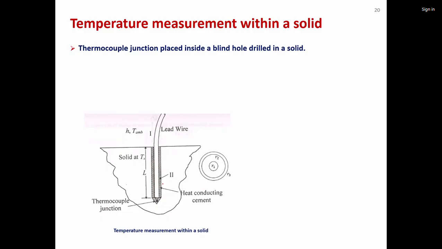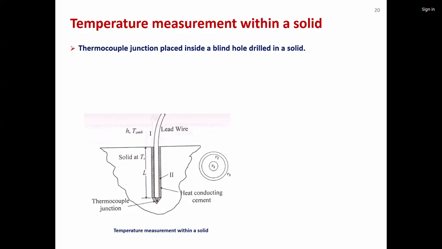surface of this cavity. Okay, so if you take a cross section, this is what you're going to see. R1 is basically the radius of the thermocouple wire, and R2 is basically the radius of the insulation layer. R3 is the internal radius of this cavity. Okay.